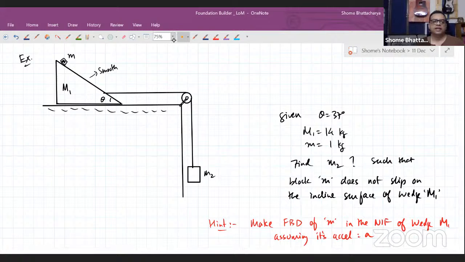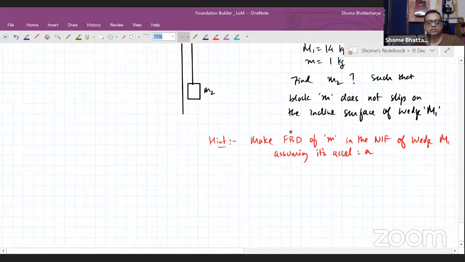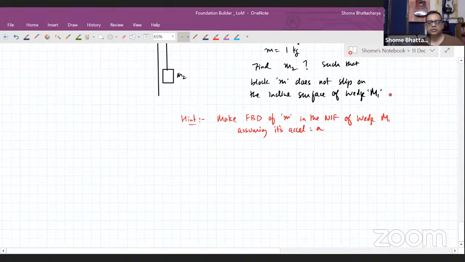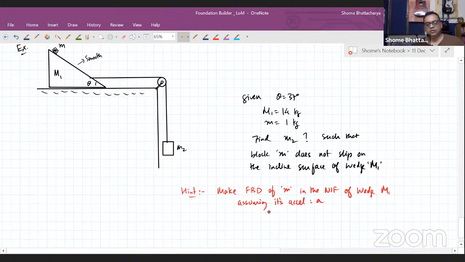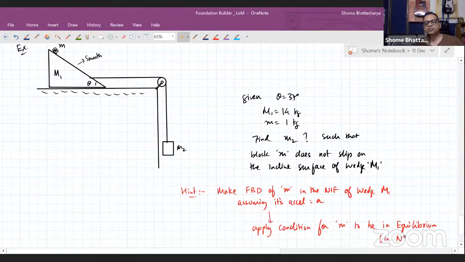Okay. And then in that free body diagram, what you do is apply condition for the block small m to be in equilibrium. In the non-inertial frame, it should be in equilibrium to find that acceleration a.